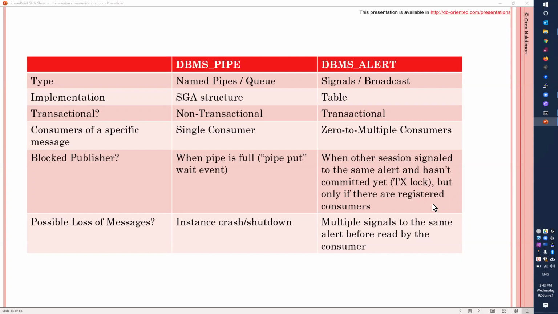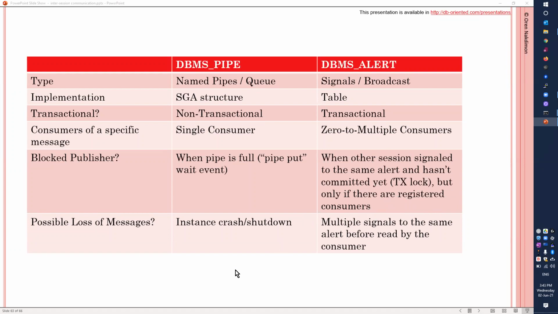And this is why we need to be careful about it, and usually send the alerts as the last thing of a transaction, so it will be committed immediately after that. If nobody is registered to this alert, nothing will happen. But it's not an interesting case.